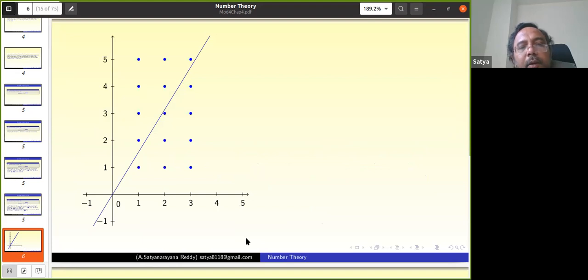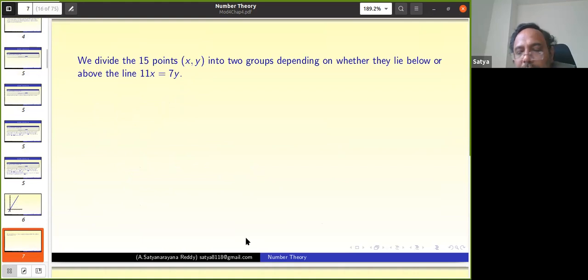Now, these are the points. How many are below the line and how many are above the line? This is the question, right? So we divide the 15 points into two groups, depending upon whether they lie above or below the line 7x equal to 11y, correct?